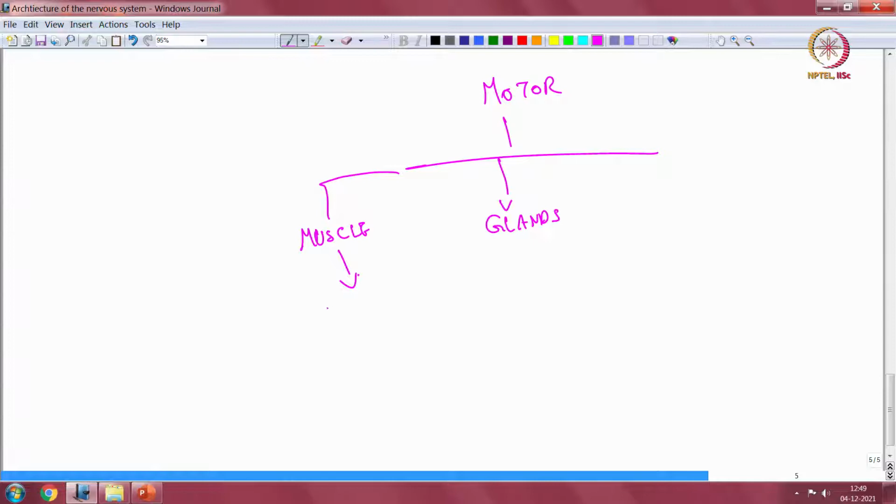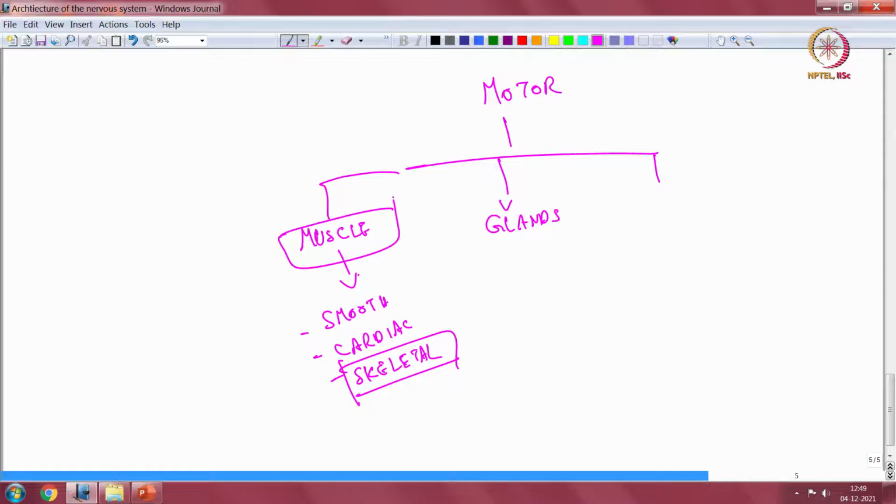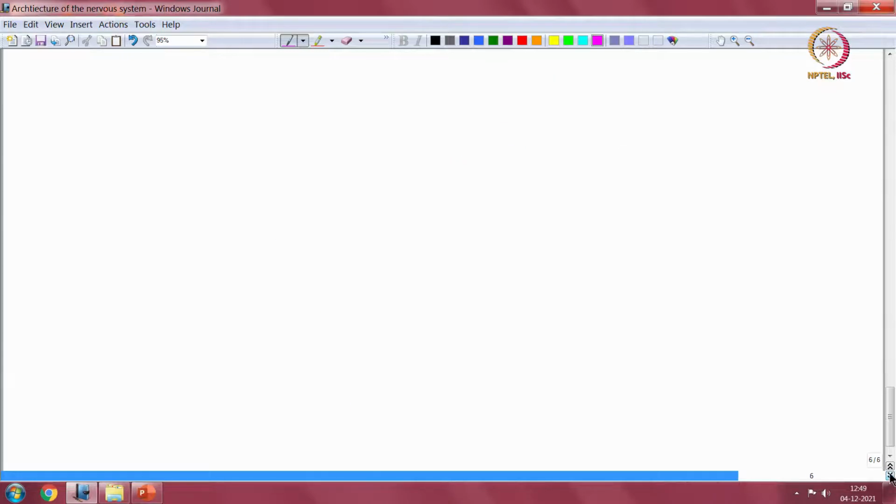Muscle, so you have smooth muscle, then cardiac, which is in the heart, and skeletal, which is what we will be dealing with in greater detail. So, when I would be discussing muscle for this topic, we will be discussing generally skeletal muscles. The other muscles are not meaning I am not including it in discussion, neither are the glands. So, we finish the sensory system and the effector system, we come to the nervous system per se.